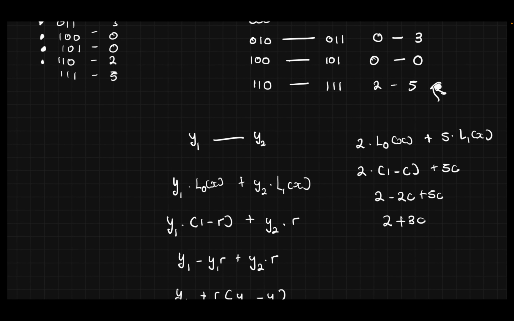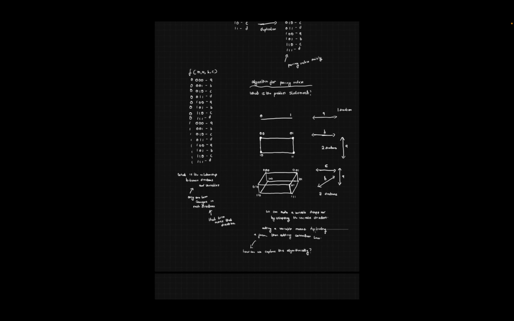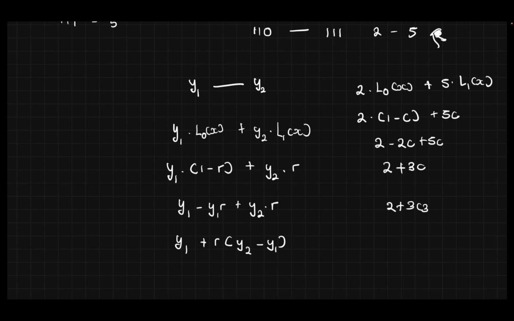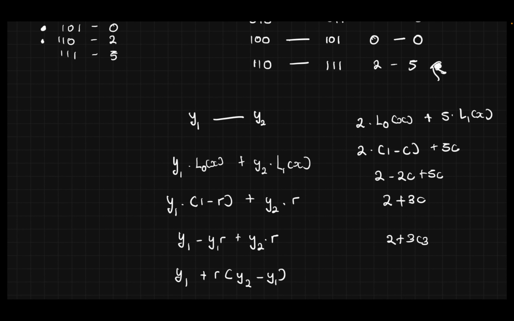So now I've done the interpolation. Now we do the evaluation, which is c equals 3. So that will be 2 plus 3 times 3, which is 2 plus 9, which is equal to 11.